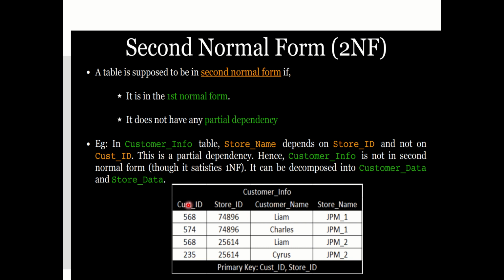So you have customer ID and store ID as the primary key, and the store name is actually partially dependent on the primary key. It is not fully dependent on customer ID and store ID. There is a redundant attribute, customer ID, when you consider the store name. Okay, so that is nothing but the partial dependency.